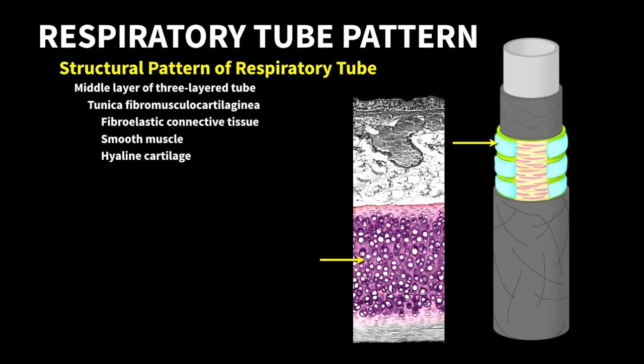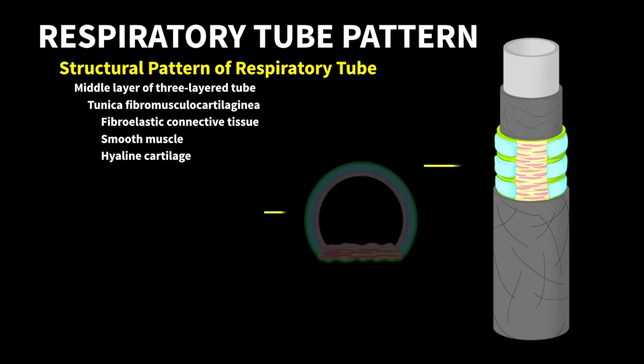If you think about the structural organization of the middle layer, it makes a lot of sense because the last thing you want to have happen to a tube carrying air to the lungs for gas exchange is for the tube to collapse, because it is not possible to move air through a collapsed tube. For this reason, there is a cartilage skeleton in the wall to reinforce it and keep it from collapsing.